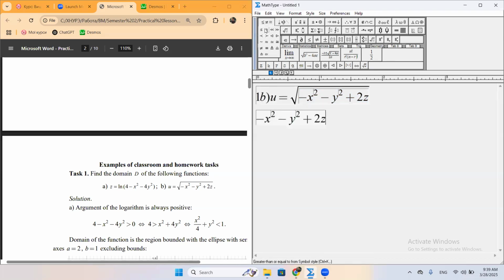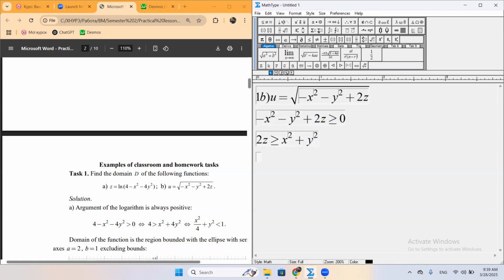So it can be equal to 0, and it can be greater than 0. So here we have a region that is bounded by a surface. So let me move x and y to the right part, and we will see something interesting.